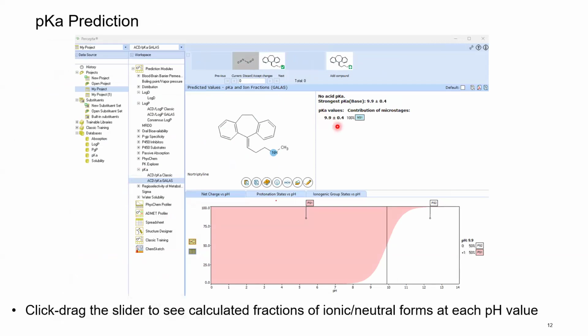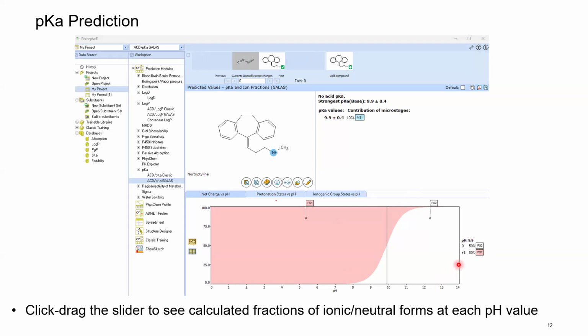And what's really cool is to see underneath, there is a graph where you can click and drag the slider here to see the calculated fractions of the individual neutral and protonated form. Yeah. So this is what you learn very early on in your courses. And at a pH of 9.9, you have a 1-to-1 ratio of both forms, neutral and protonated form.